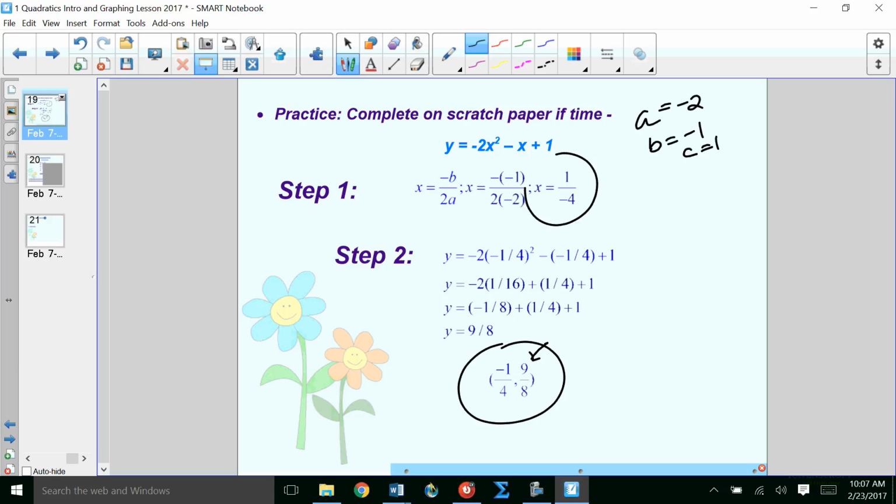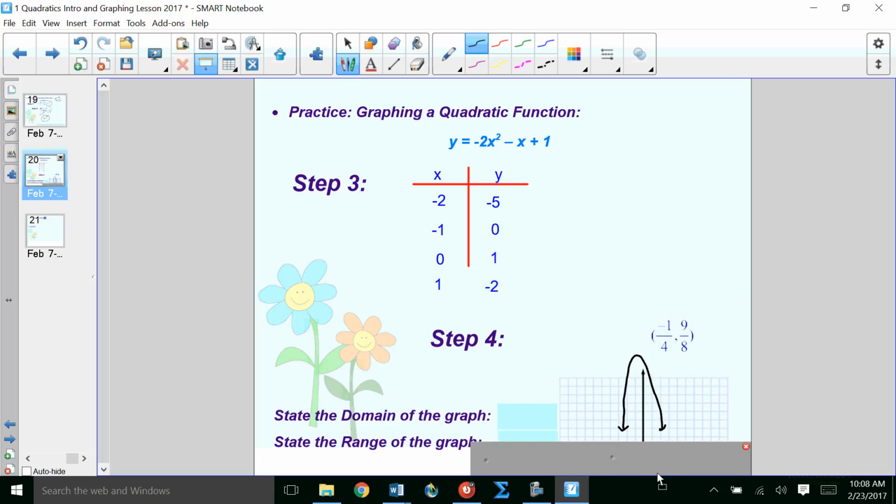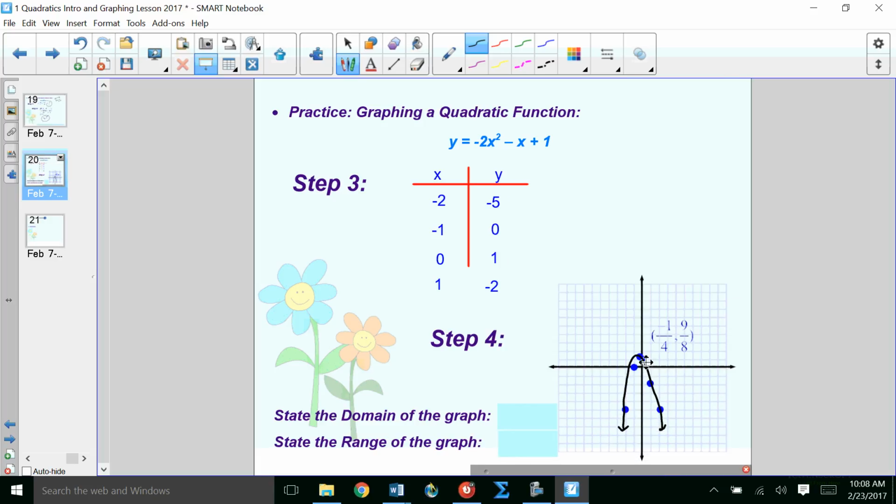Once you find this vertex, you should have roughly sketched about where it fell. And when you're setting up your table, definitely don't use fractions if you don't have to. Just use the next nearest whole or integer number to the left and to the right of your vertex. So that looked like negative 2, negative 1, 0, and 1, giving us these ordered pairs. And here's a rough sketch of what the graph would look like when we plot those points.